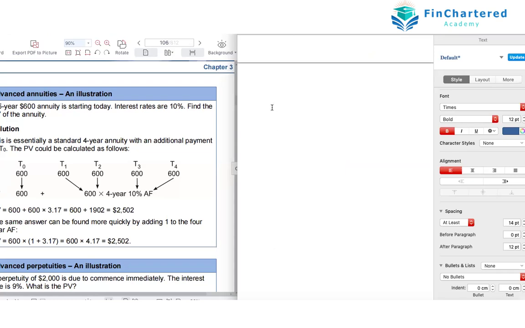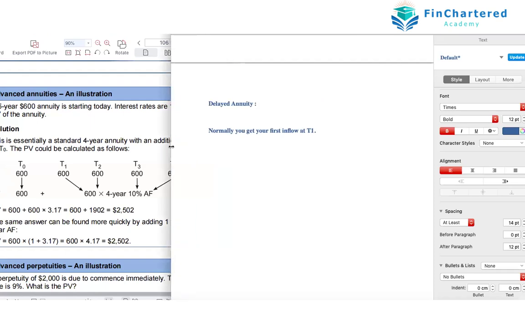Okay, first of all, what is a delayed annuity or perpetuity? Normally you get your first inflow at time 1, that is, after 1 year you get your first inflow of cash.